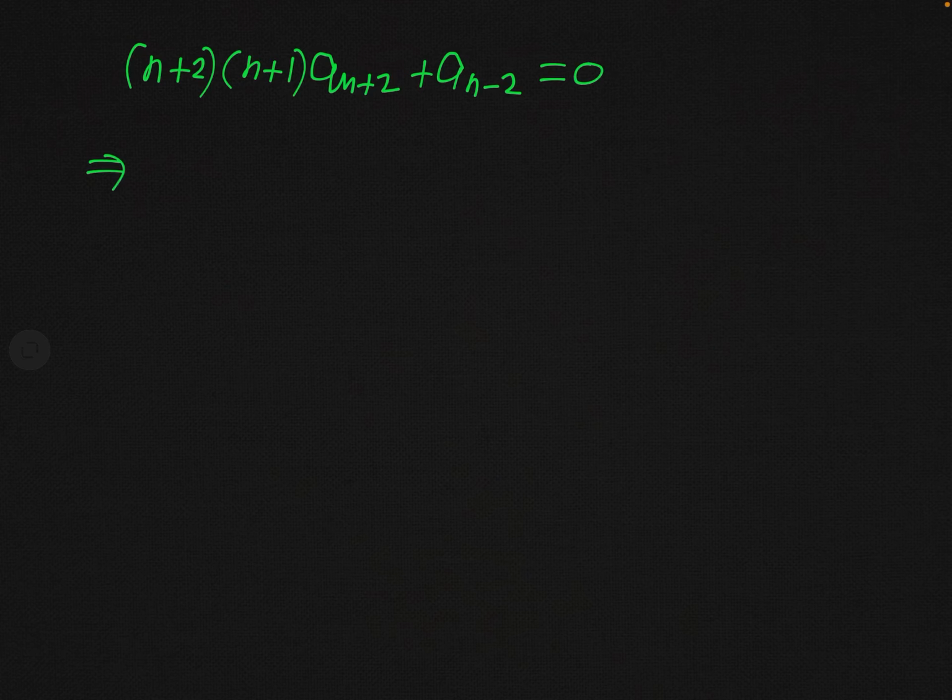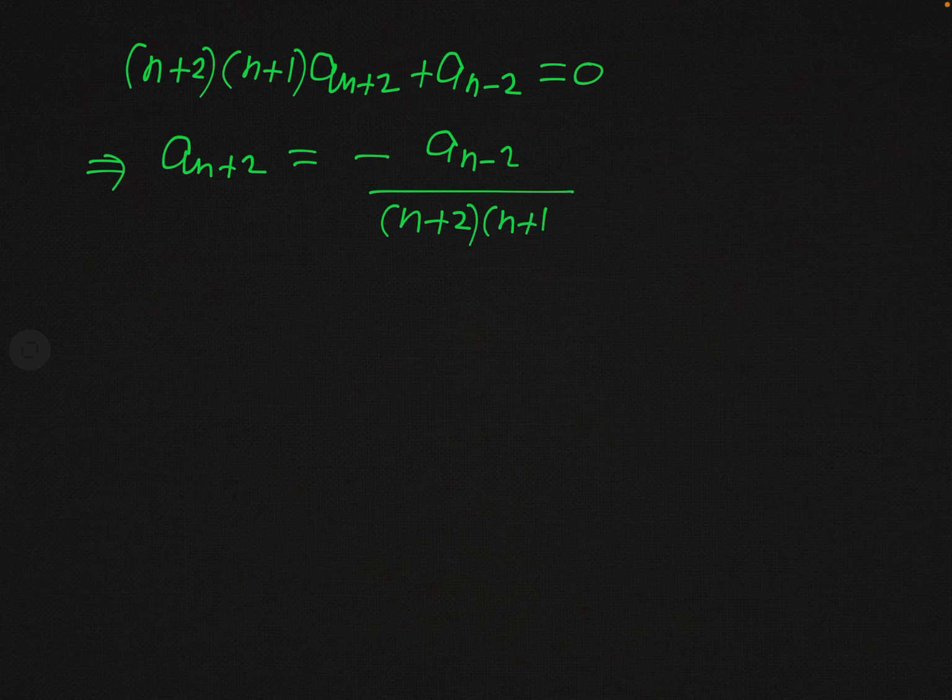And from here we can get a n plus 2 equal to minus a n minus 2 divided by n plus 2 into n plus 1. This relation is known as a recurrence relation.